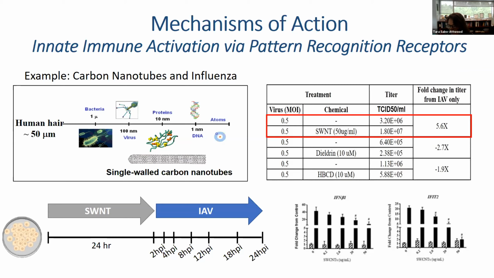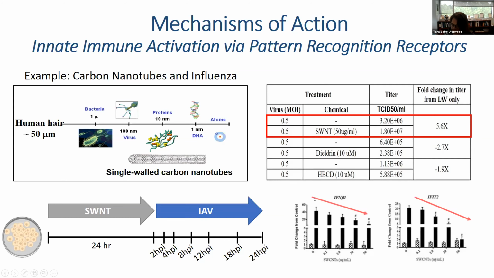And this was occurring without cells being killed by the carbon nanotubes themselves. Interestingly, we don't see the same thing with other types of chemicals, which I'm not going to talk about today. But that's very interesting, showing how different chemical exposures can be with this endpoint that we're looking at, which is viral infection.